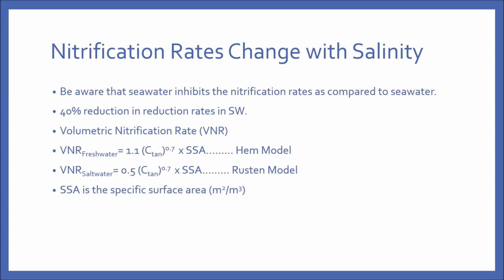This is the volumetric nitrification rate in freshwater versus saltwater for the same bacteria. As you can see, most of the coefficients are the same, but there is a constant in front of the saltwater, which is 0.5 as compared to 1.1 in freshwater, suggesting that freshwater nitrification is almost twice as fast as saltwater. So it is very important for you to estimate biological filtration on a saltwater basis.